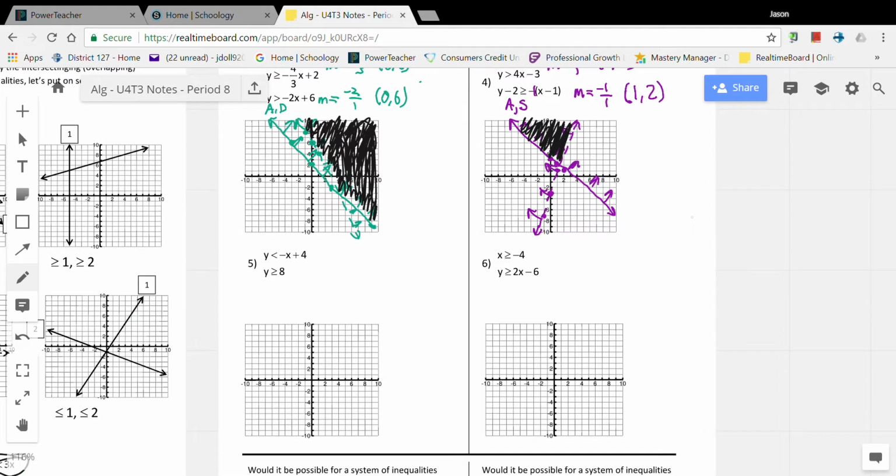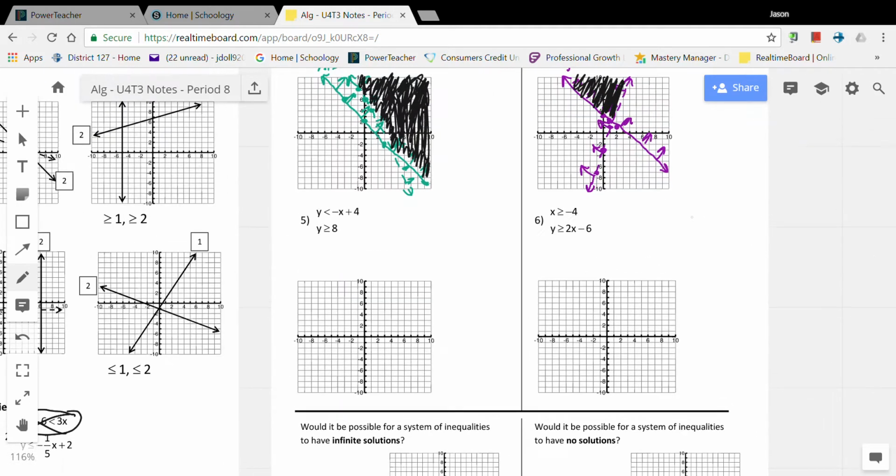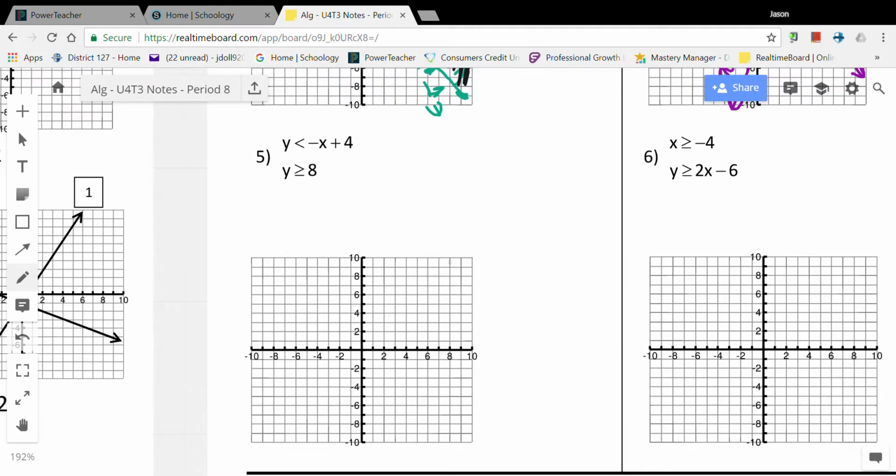All right. Let's really quickly look at these because they both have two different forms here. Again, slope-intercept form. M is -1/1, 0, 4. This is telling me to shade below with a dashed line. All right, now this is horizontal form. Remember, this is a horizontal line.